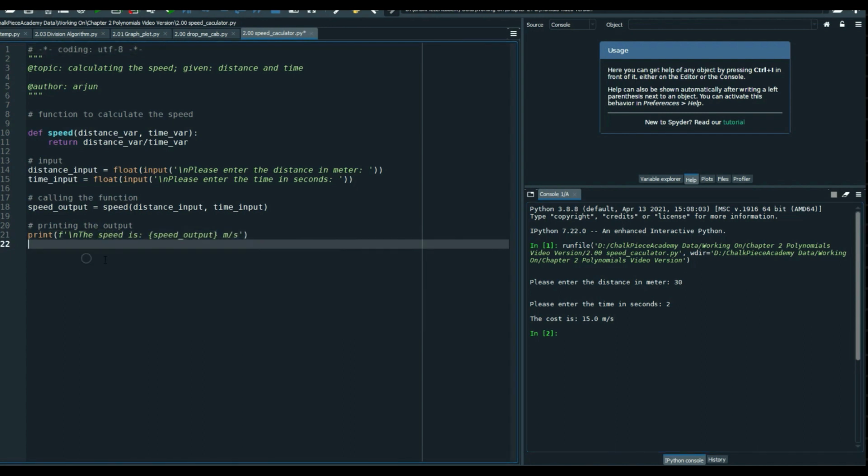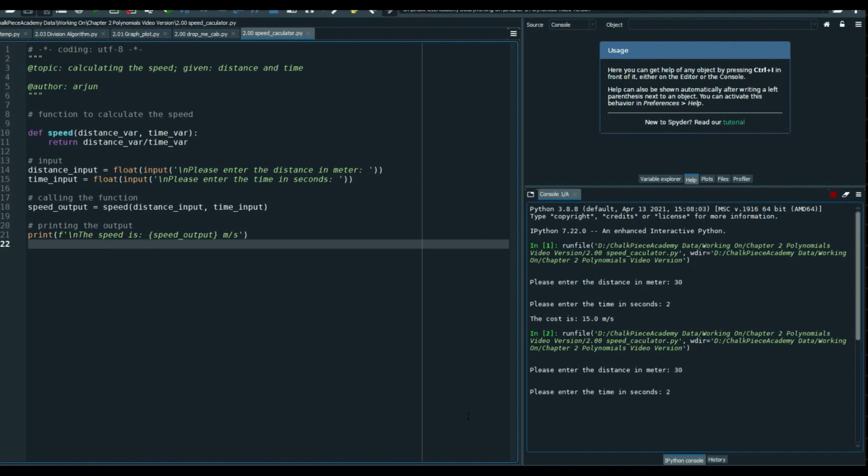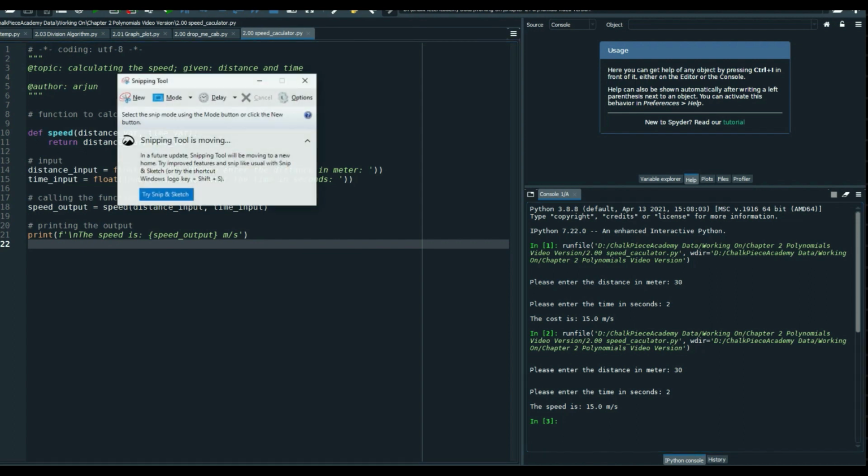Okay, let's redo that. We have distance 30, time is 2 seconds, and we have 15 meters per second. Makes sense, right?